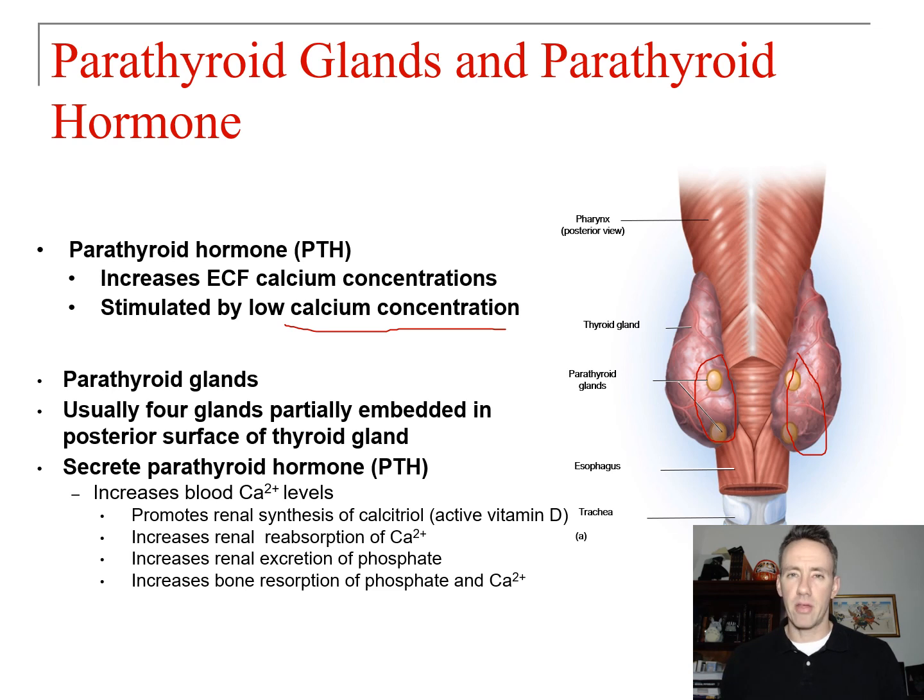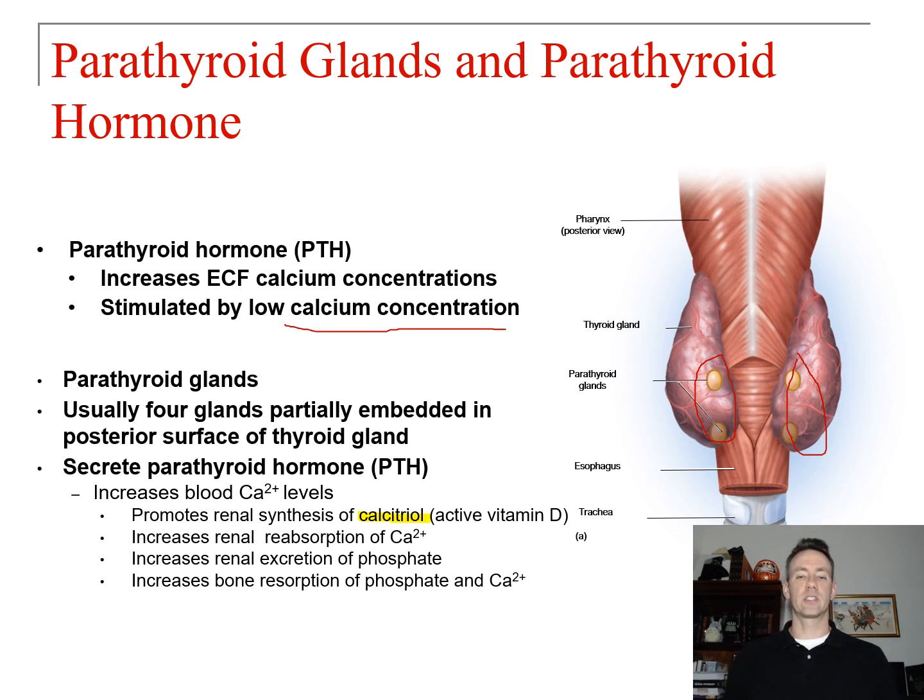They secrete the parathyroid hormone, which, in addition to stimulating resorption from the bone, ultimately increasing calcium levels by taking it right off the bone, also promotes renal synthesis of calcitriol. Here's calcitriol.